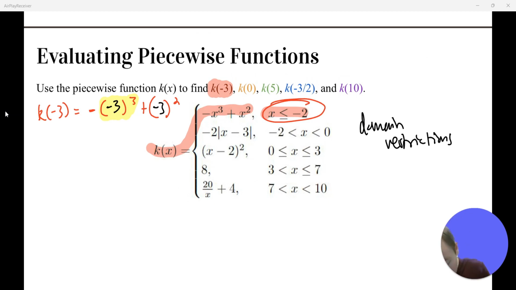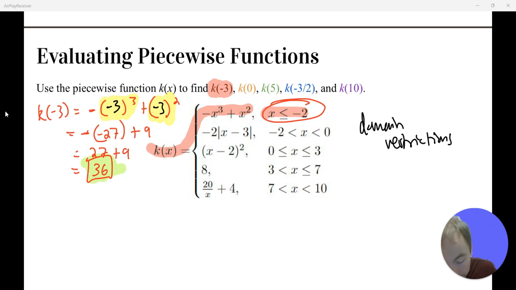That gives you a result of negative 27, and then we'll put the negative that's still in front of it there. And when we do negative 3 squared, that means negative 3 times negative 3, which is a positive, so it ends up being positive 9. From that, negative negative ends up being positive, so we really just get 27 plus 9. So we get an answer of 36 as the value of k of negative 3 for that function.